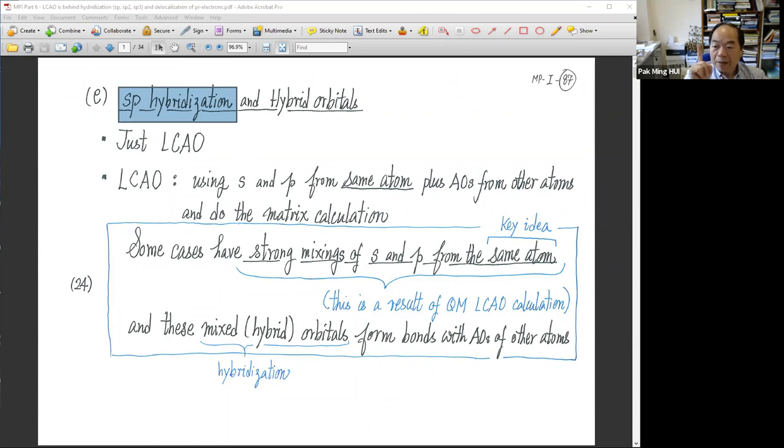Okay? That is to say, one atom will donate not only an S, not only a P, but an S and a P for bonding. That is the whole point. If you think about it, nothing fancy. Okay?